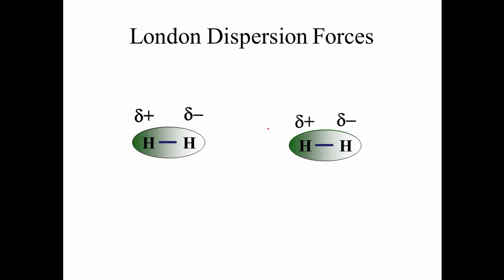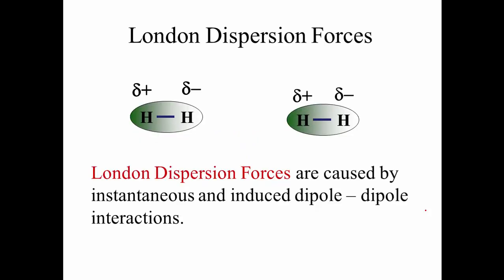So the negative end causes a positive end of this molecule, and then there's a short attraction, but then it goes away, and the polarities of the molecules go away. And then they come back and they induce a dipole, and then there's an attraction, and then it goes away. But these London dispersion forces, okay, can last.